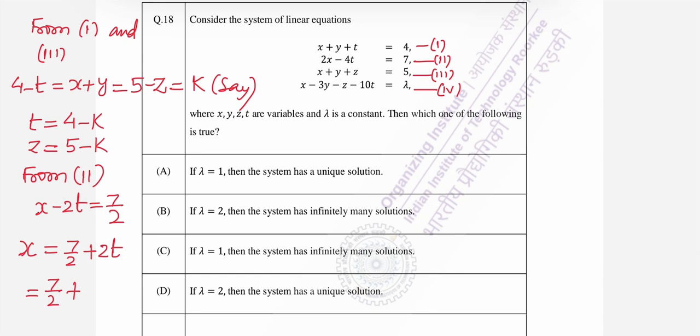I am doing this because I want all the variables in terms of k. So here 2t, at the place of t I type 4 minus k. Okay, and from here it will be 23 by 2 minus 2k. So we got x as well in terms of k.